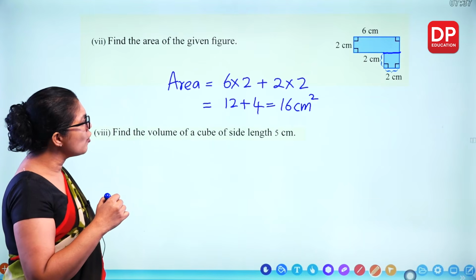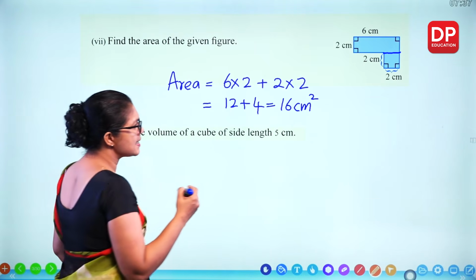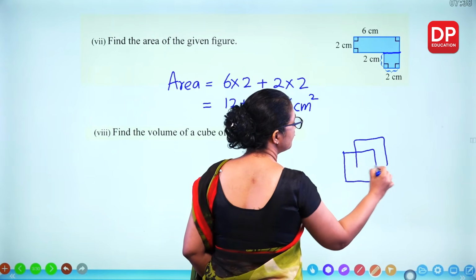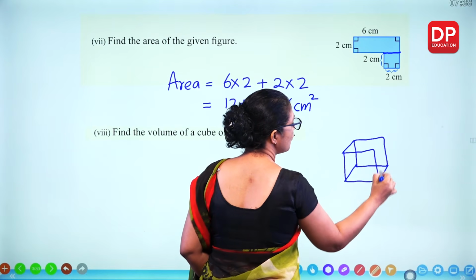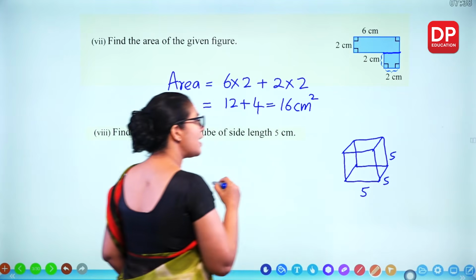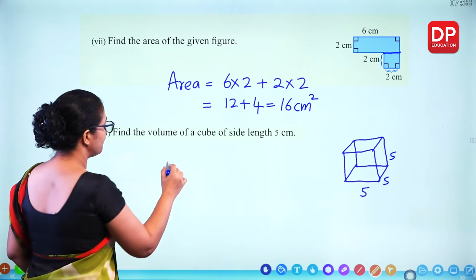Find the volume of a cube of side length 5 centimeters. So cube means all sides are equal. 5, 5, 5. So how do you find out the volume?